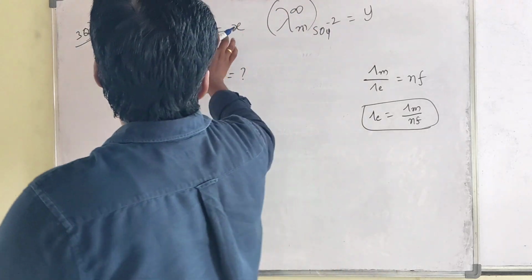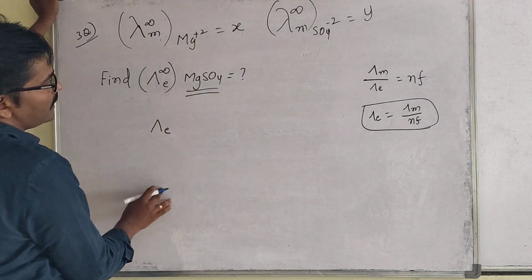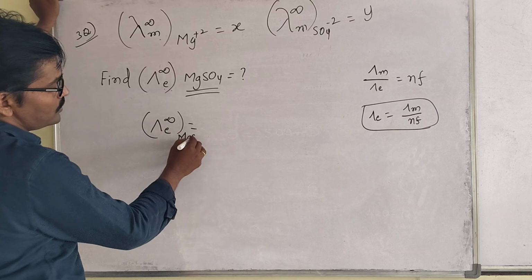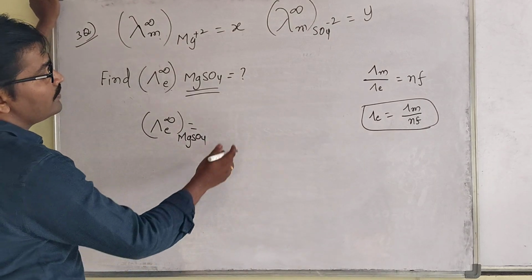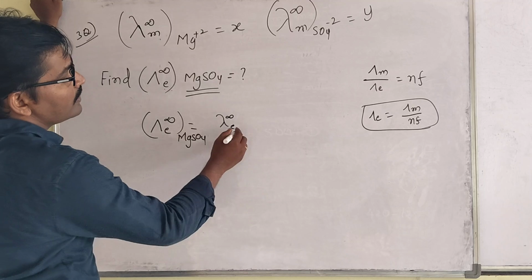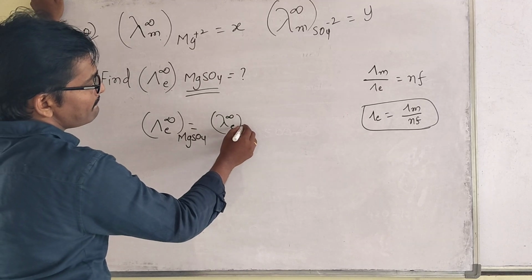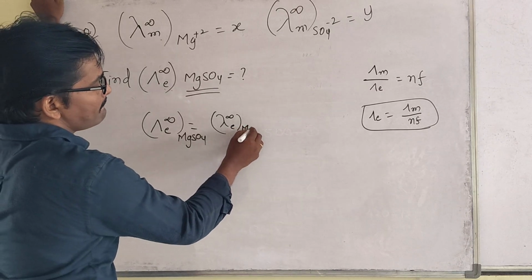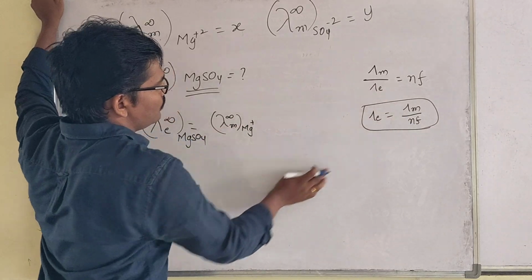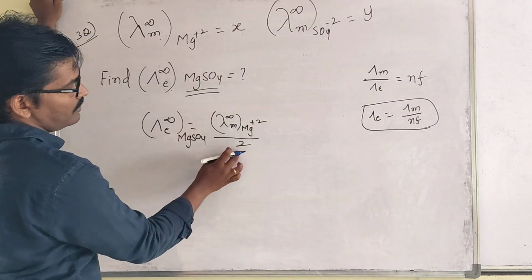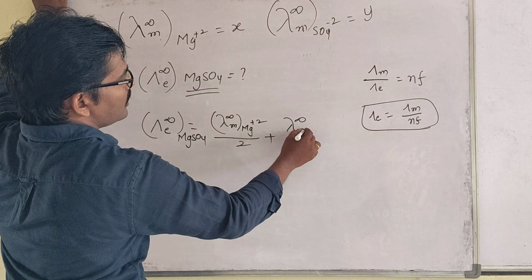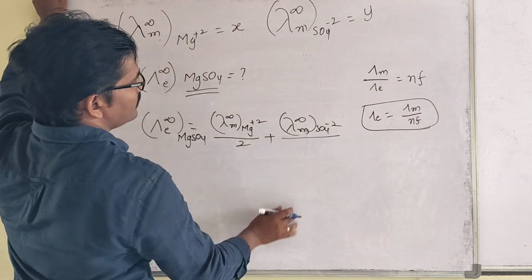So here the individual contributions, for both, the equivalent conductance of MgSO4 is equal to the equivalent conductance of the ion Mg plus 2, which is the molar conductance divided by the n factor, molar conductance divided by 2, plus the ionic conductance of SO4 minus 2, molar conductance of SO4 minus 2 divided by 2.